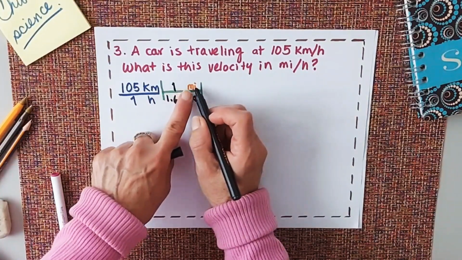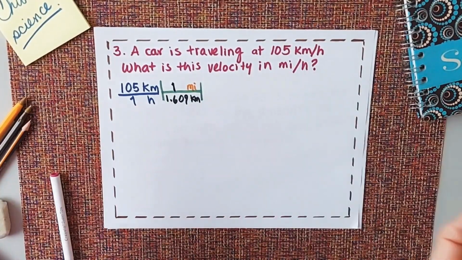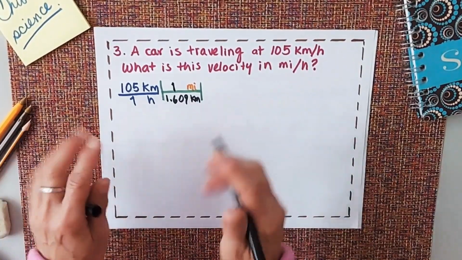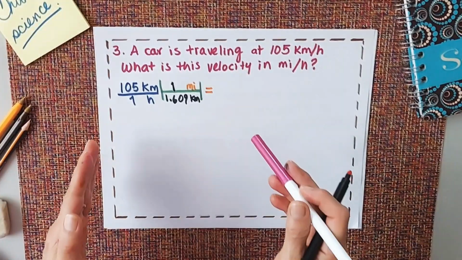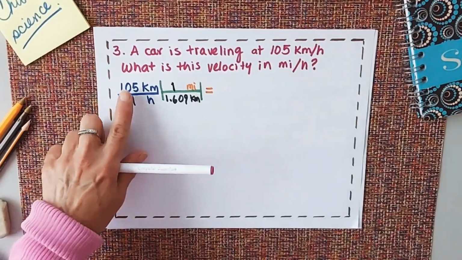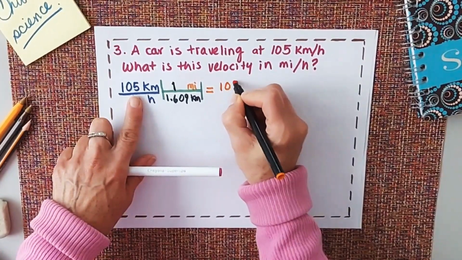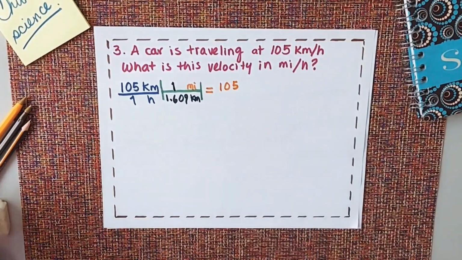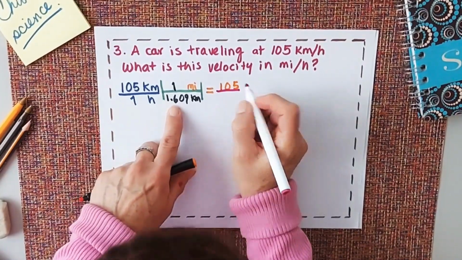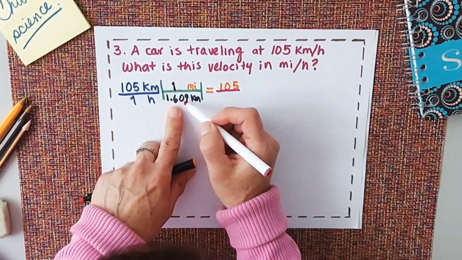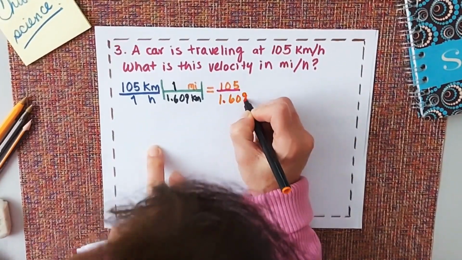Now, this is it for the first unit, it's correct. Kilometers into miles. Now we are going to convert hours into hours, but we have hours here. Then we are going to finish with the second unit. We are going to write here equals. Now let's do the multiplications. 105 times 1, 105, over 1 times 1.609 is 1.609.